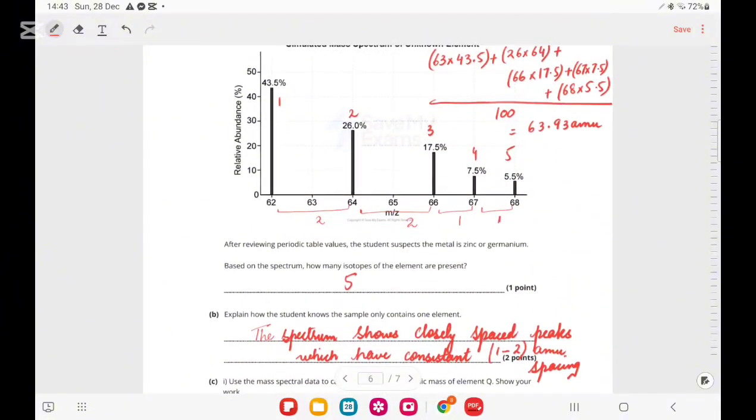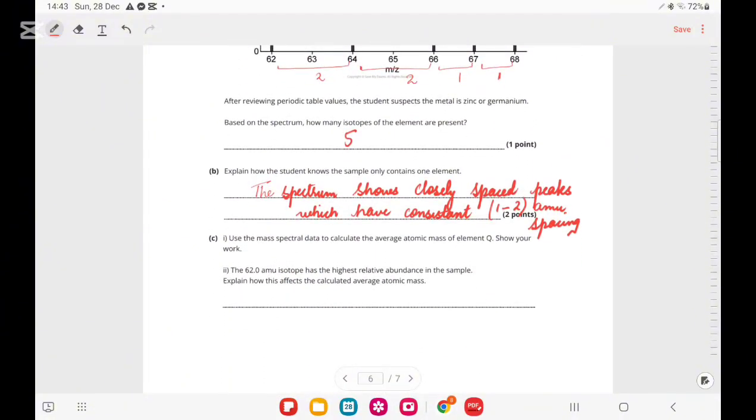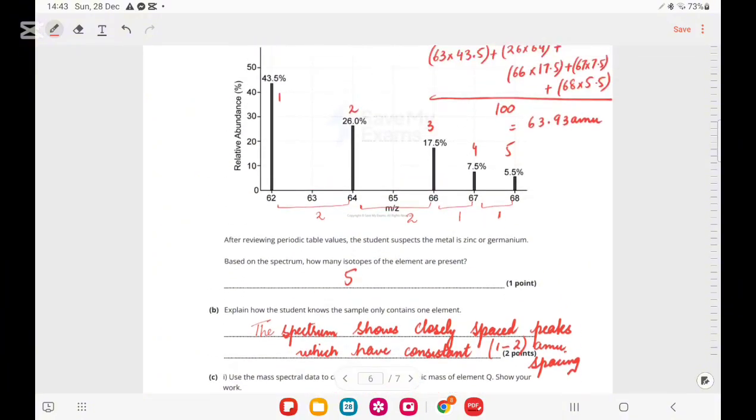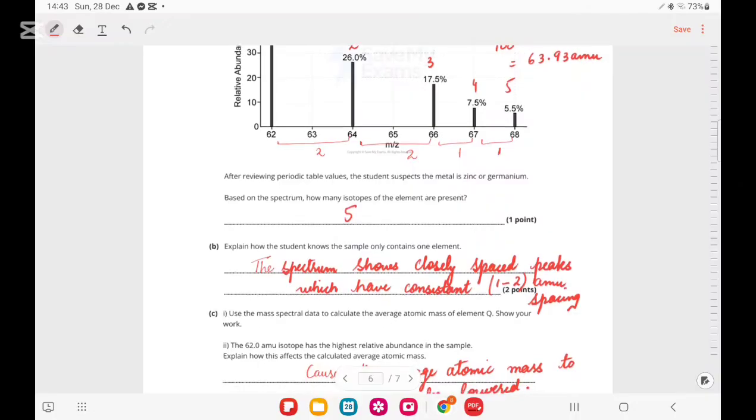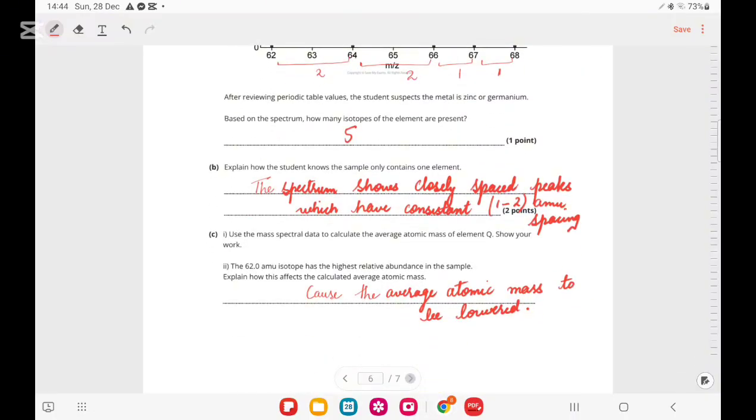If its percentage abundance would be the greatest one, it would cause the average atomic mass to be lowered. So the average atomic mass becomes lower as the 62 would have the highest peak.